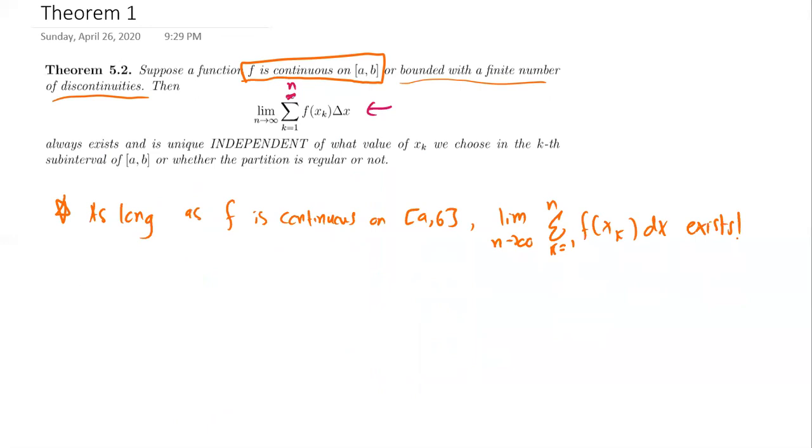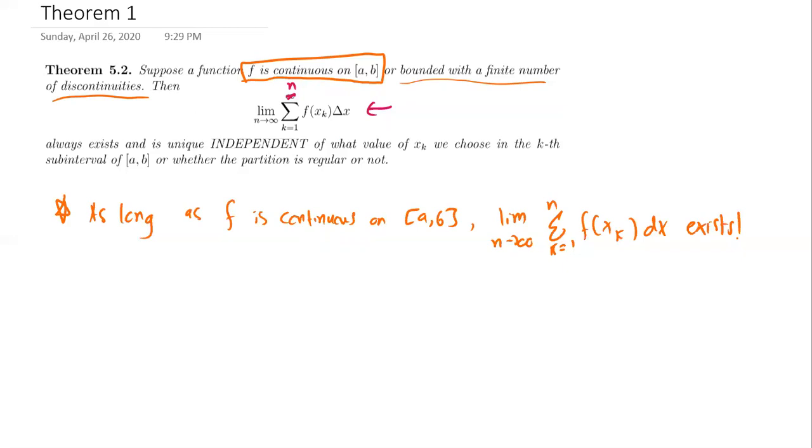Now, I'm not going to write that down because it's good theoretically, but for us in practice, it won't really matter other than knowing, okay, it doesn't matter if I take a left endpoint, midpoint, or right endpoint approximation. I'm always going to get the same value for this limit. Okay? So that's all it means for us. Now, again, in higher level math courses, this is more relevant.